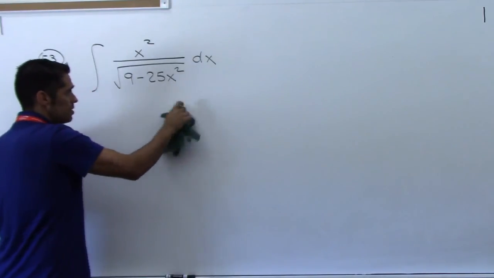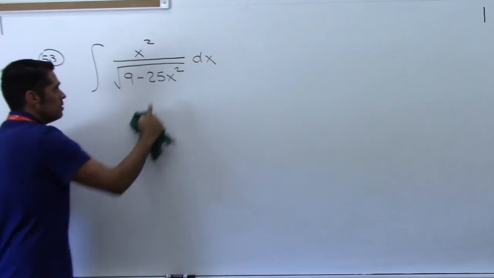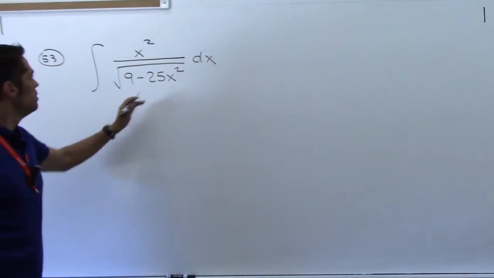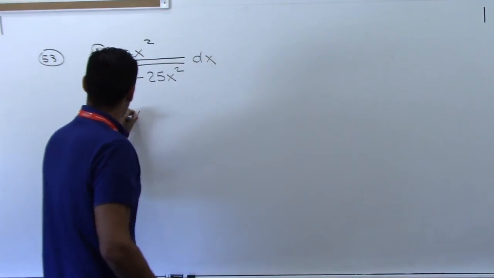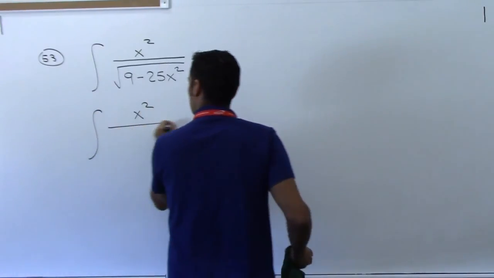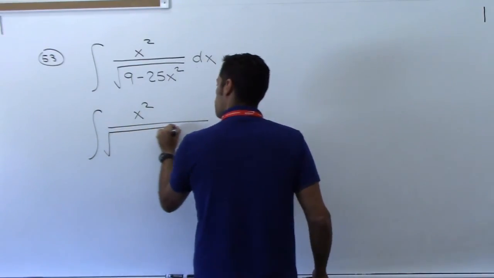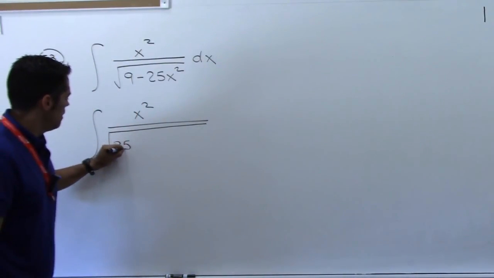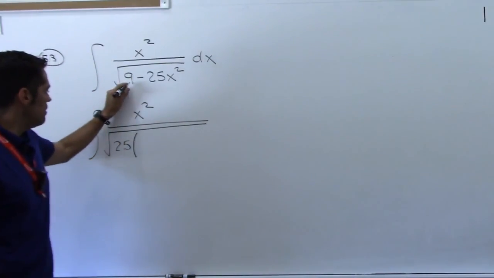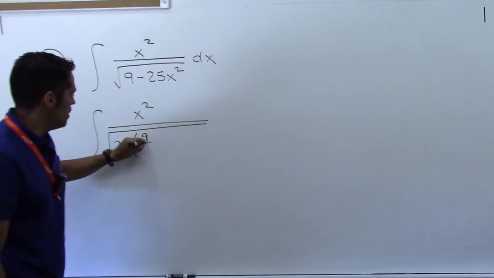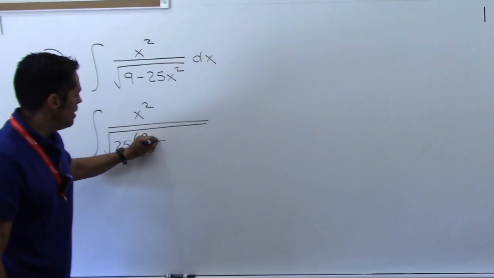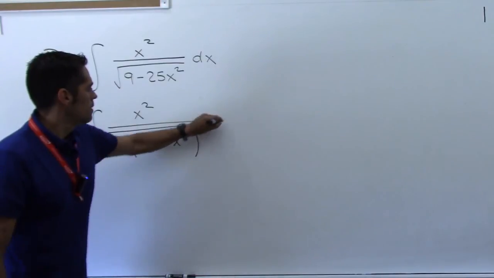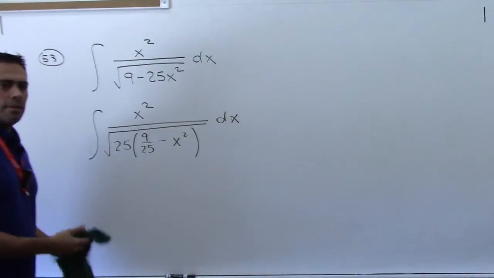What I do is I just force this to be a 1. So I factor 25 out. So I go like this. I'm going to factor 25 out, which means that this can't be a 9 anymore. It has to be 9 over 25. And then minus x squared dx. Do you agree that's the same thing?